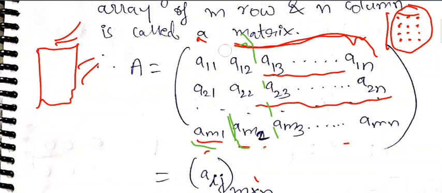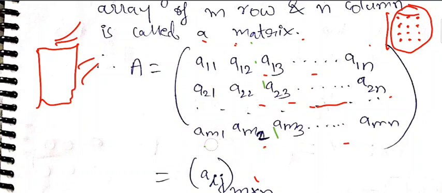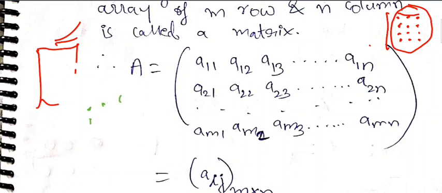Let us assume that M and N values become equal. Then what will happen? The same number of rows and the same number of columns will be there, right? So if I have a situation like this, where the rectangular array looks something like this, then the number of rows and number of columns both are equal, so it will look like a square.